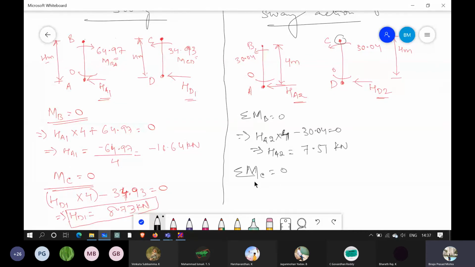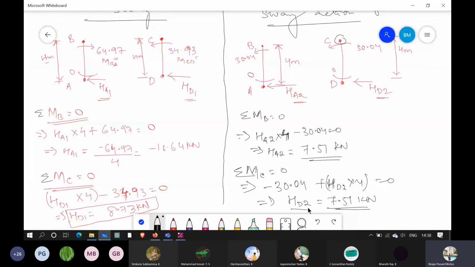This implies minus 30.04 plus H into 4 equals 0. This implies HD2 equals 7.51 kilonewton. So both are in the same direction, but this one is in the opposite direction.